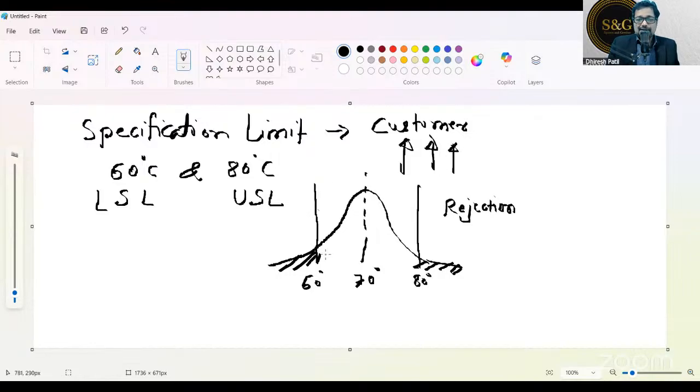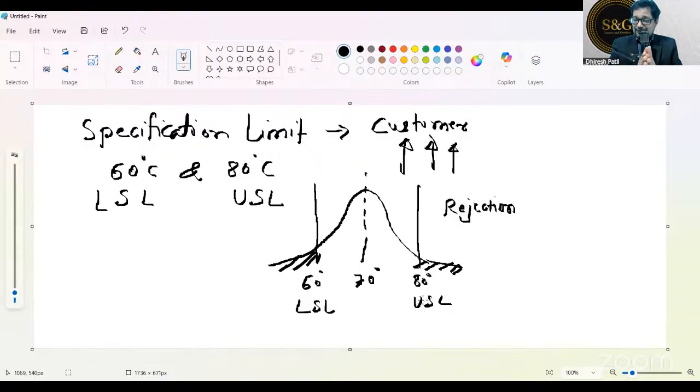And this is lower specification and this is upper specification limit. So generally we use histogram to showcase our specification limit.